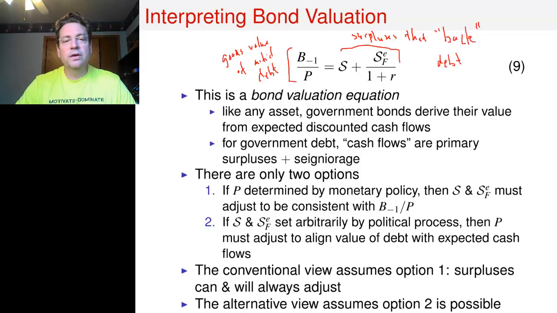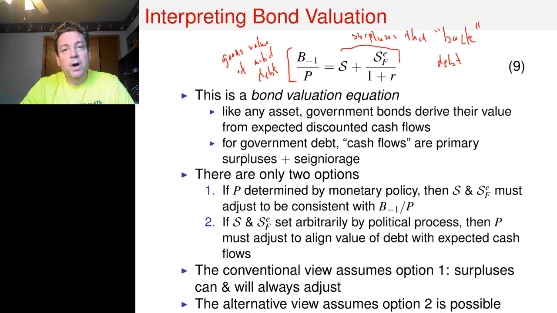But what I want to emphasize is that we can think of this equation as the equation that values government bonds. So like any asset, government bonds derive their value from the expected discounted cash flows. In the case of stocks, value comes from the expected dividend flow that the stockholder is going to receive.